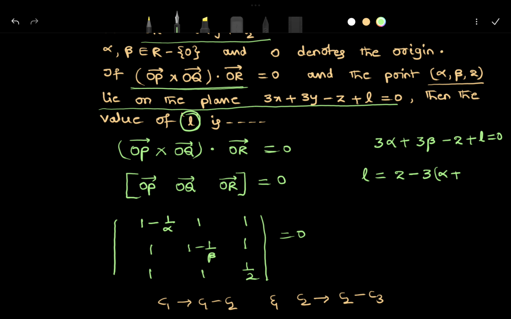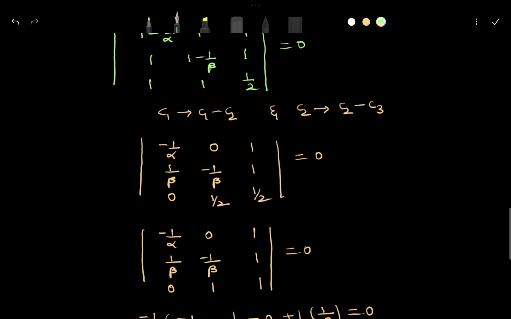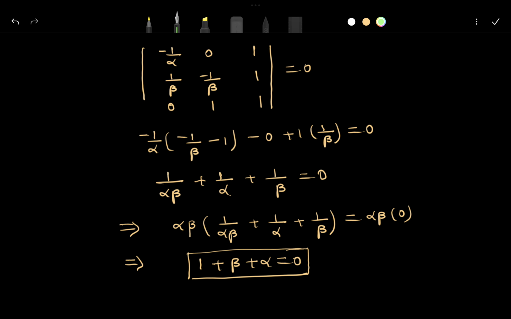Now you see here the final result will be alpha plus beta is equals to 0. From this we can write that alpha plus beta is equals to how much? Minus 1. So alpha plus beta is equals to minus 1.